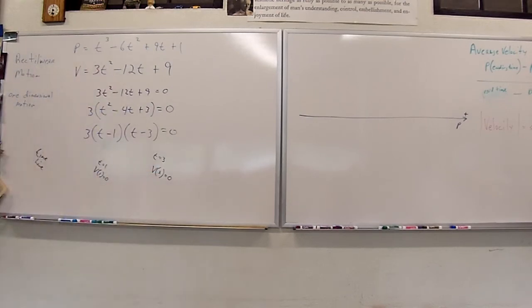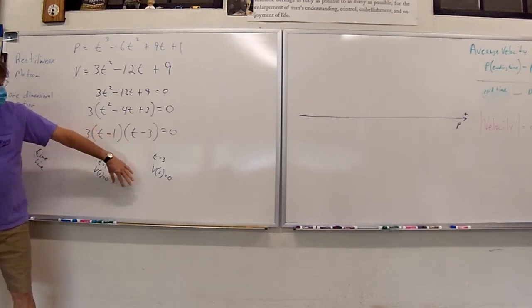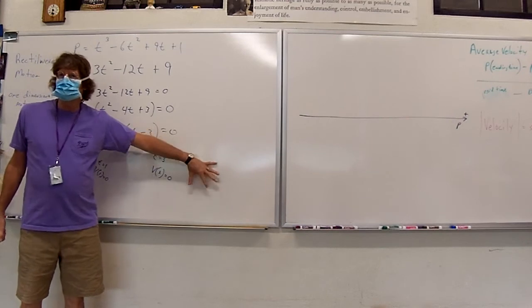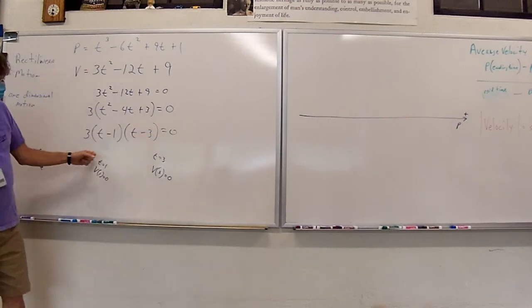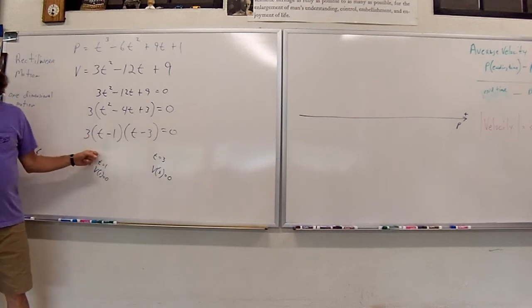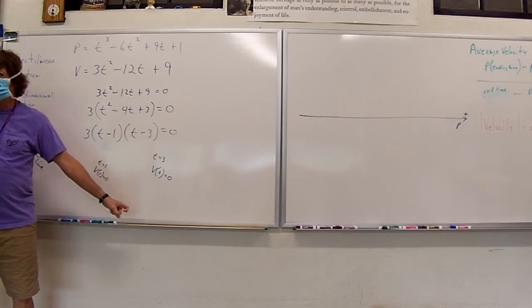What I want to find out is which direction it was moving during this time, during this time, and during this time. I don't have to worry about it changing directions between here and here, because there is no velocity equals 0.